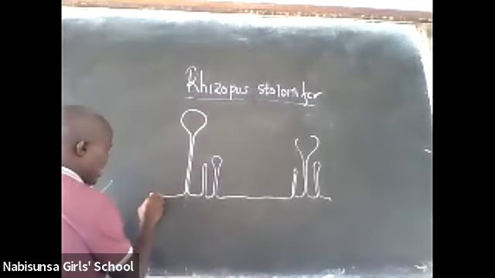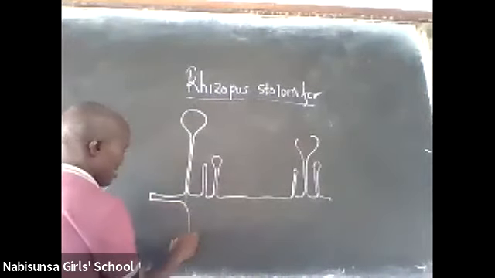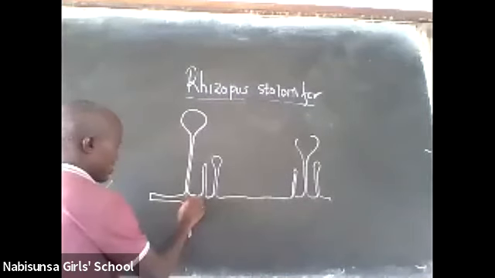When you find these things on your bread, you'll actually find a mass, very many of them.